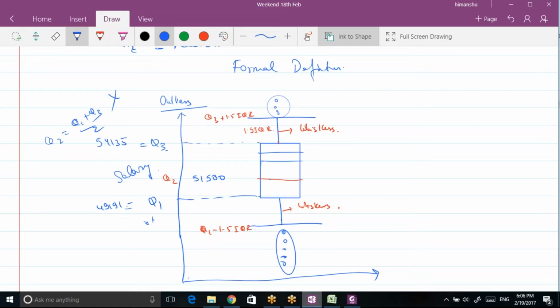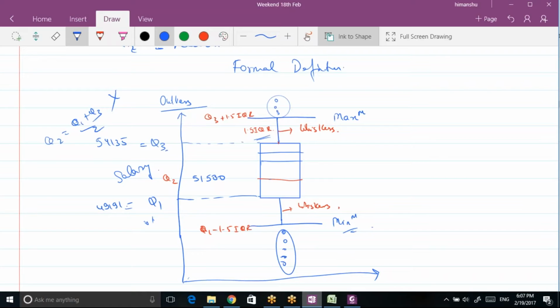That's correct. The other thing is, this whisker won't extend up to 1.5 IQR. It will only extend up to the maximum value of your data set, and this will become your minimum value of your data set. If we don't have any outlier, we start from the minimum and go up to the maximum only. We don't use this 1.5 IQR thing. So that's how we create a box plot.